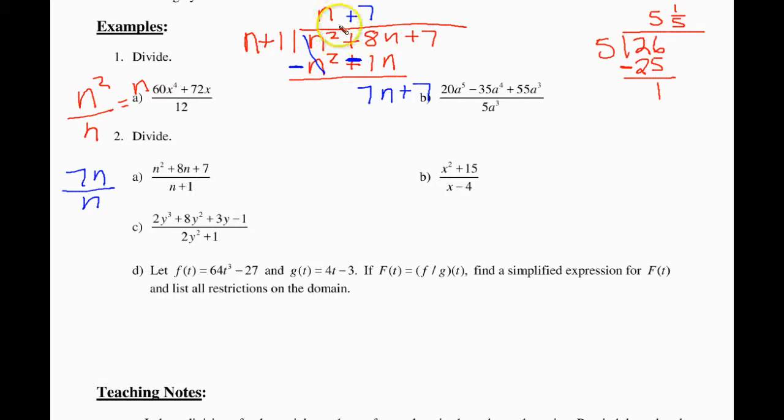So n times 7 is 7n. 1 times 7 is 7. Now, I change my signs, and this cancels out, and this cancels out. Now, a check of this would be to FOIL this by that, and it gives you this.